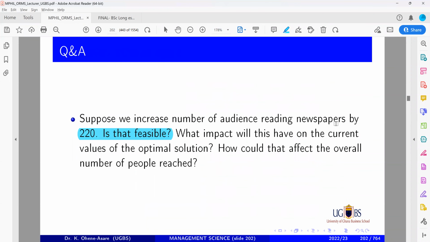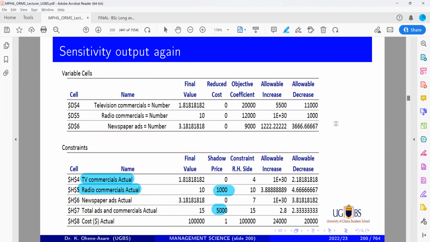Now let's go. What impact will this have on the current value of the optimal solution? How would that affect the overall number of people reached? Regarding the overall number of people reached, we've seen that it will not do anything because of the shadow price. But what will it do to the current optimal solution? By the way, you should go and look at it in your Excel.